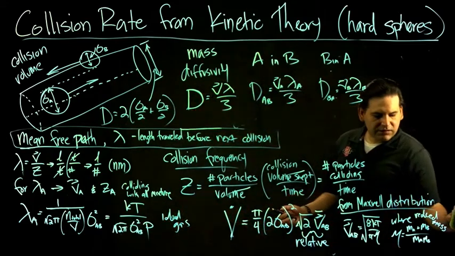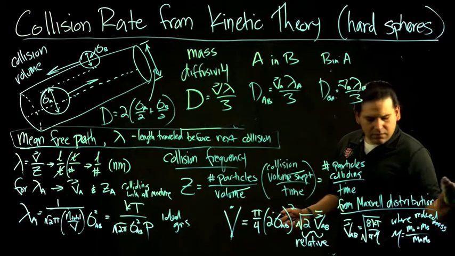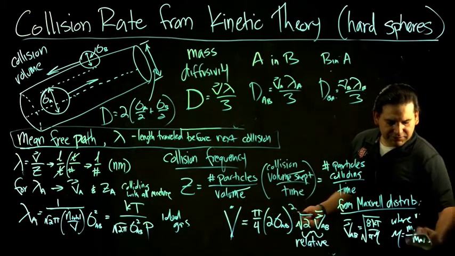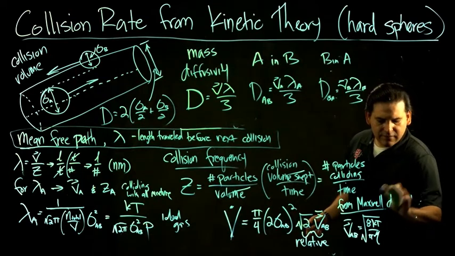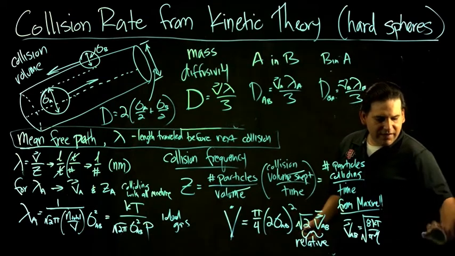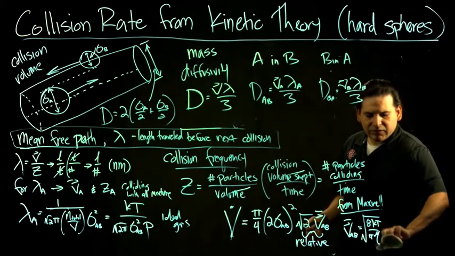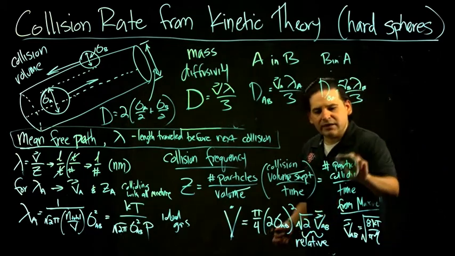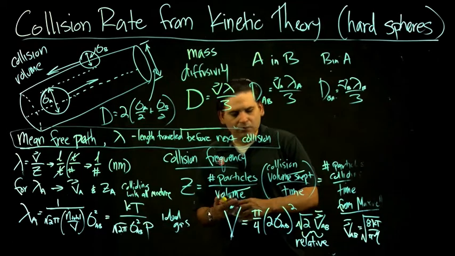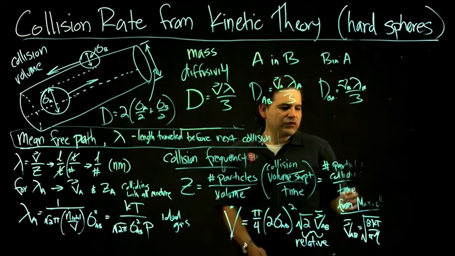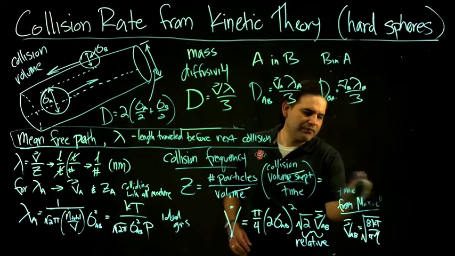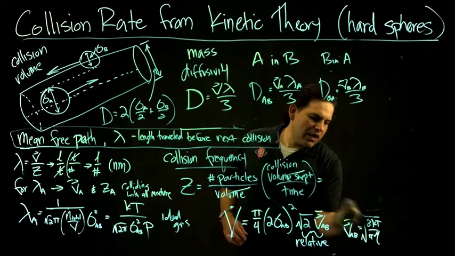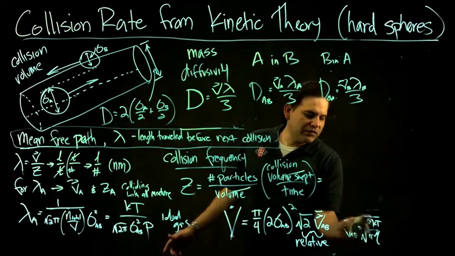Okay, now let's talk about chemical reactions. So for a chemical reaction to occur, the way that it happens is you have to literally have two molecules that can potentially react to form a product. The first criterion for that to happen is that these particles have to see each other. So how do they see each other? Well, they're within this collision volume.